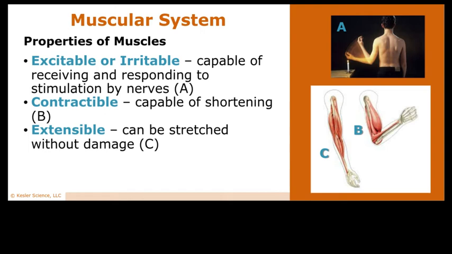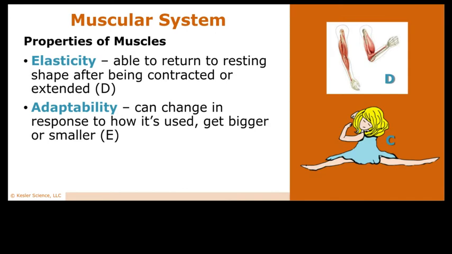You can hyperextend them and do damage to them, but typically most of that is just extensible movement, so they're stretched without damage. Another property, visible here in D, is elasticity. This is being able to return to resting shape after being contracted or extended. Also, adaptability: muscle can change in response to how it's used, getting bigger or smaller depending on your exercise routines or lack thereof.